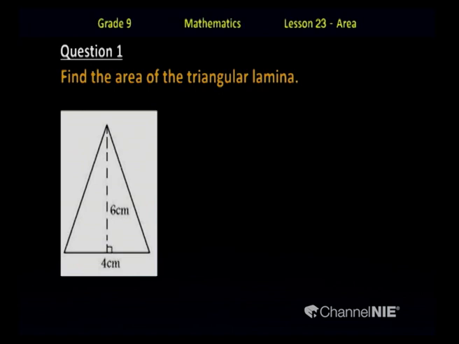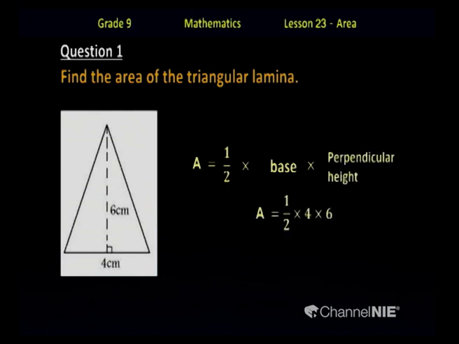Perpendicular height is 6 in centimeters. Then find the area, half into base into corresponding perpendicular height. Then substitute given values. Area is equal to half into 4 into 6.